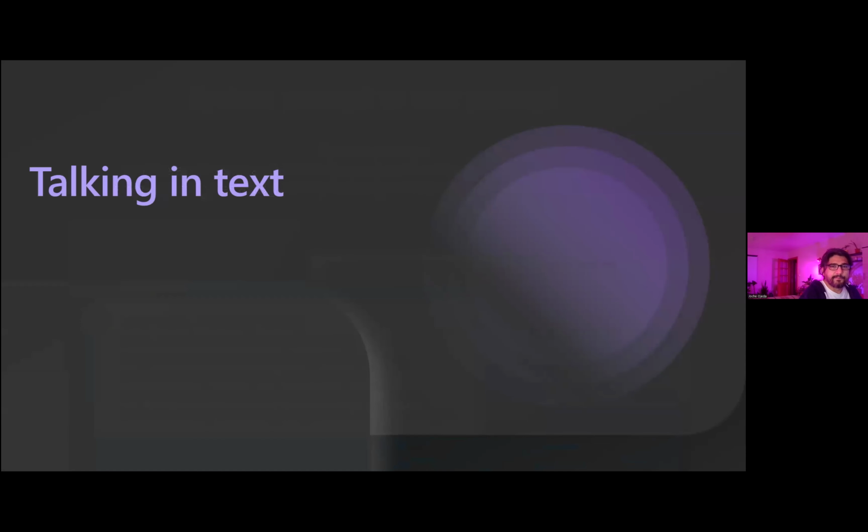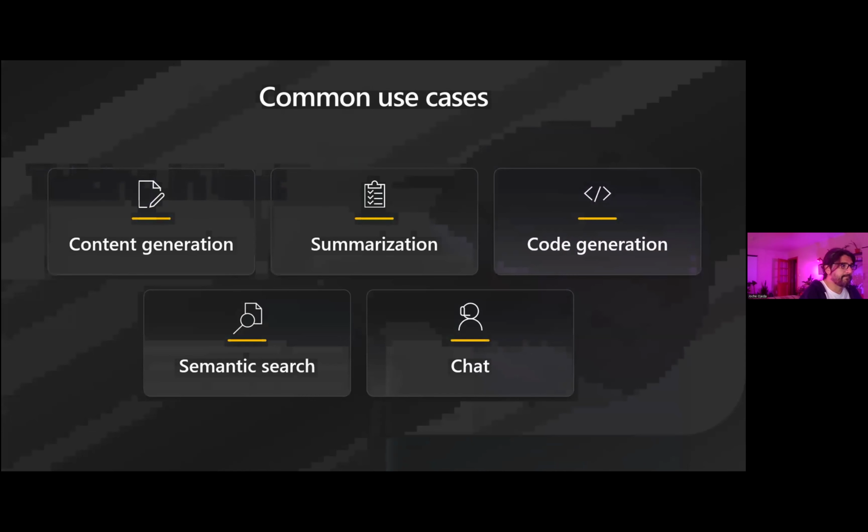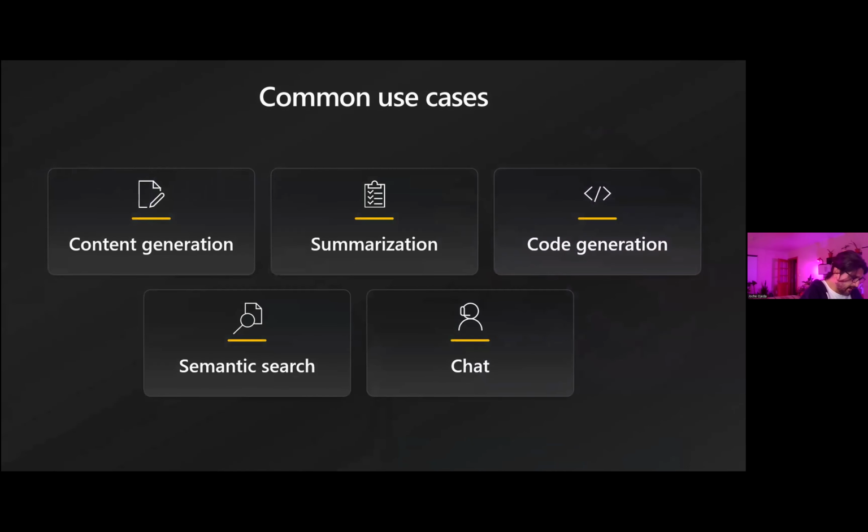Talking in text. Since we have these two types of interactions, the chat completion and the chat itself, where you interact like you're having a conversation, given those tools, you can have this set of outputs. For example, content generation.